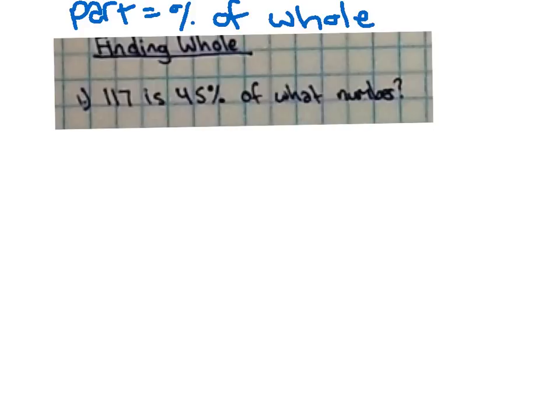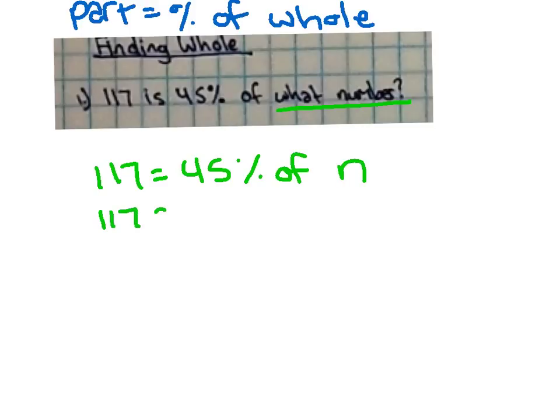And since I don't know what that number is, I'm going to have 117 is 45% of n, since that is my unknown. So when you solve for n in this situation, you're going to have 117 is equal to 45 hundredths, changing my percent to decimal, times n, and I can just rewrite this as 117 is equal to 45 hundredths n.